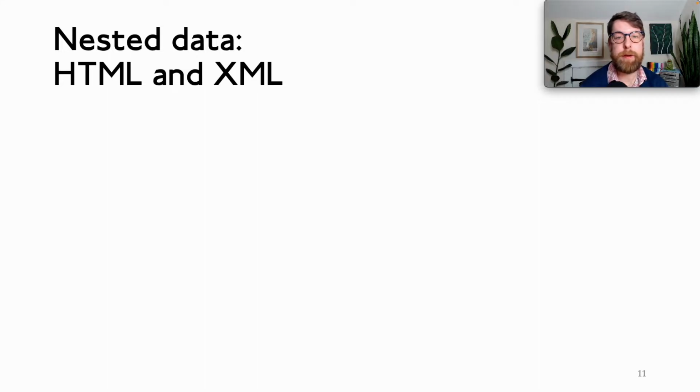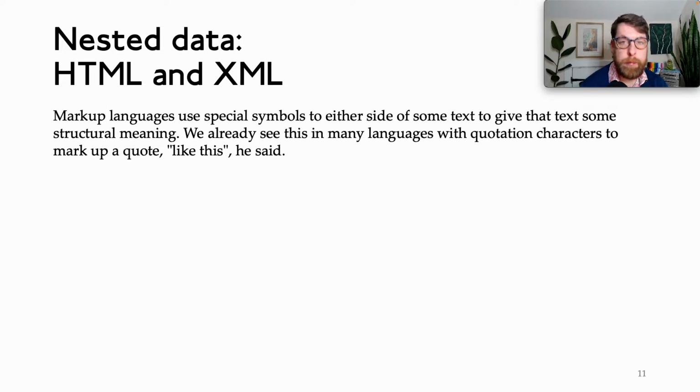Now, both HTML and XML are markup languages. So what they do is they put some text symbol on either side of a value to mark it up. And we do that in other text as well. We use these little icons right here to say this is a quotation, like this, he said.